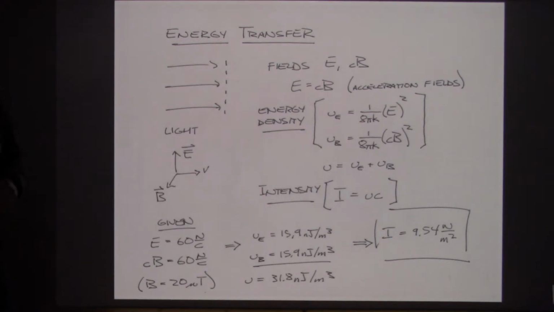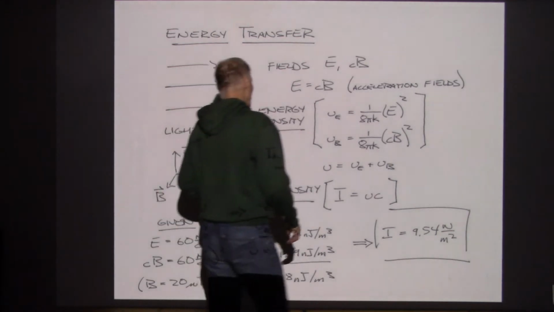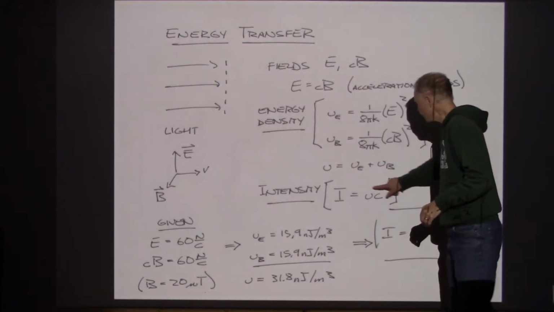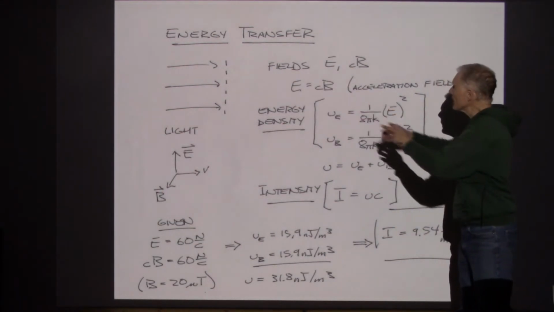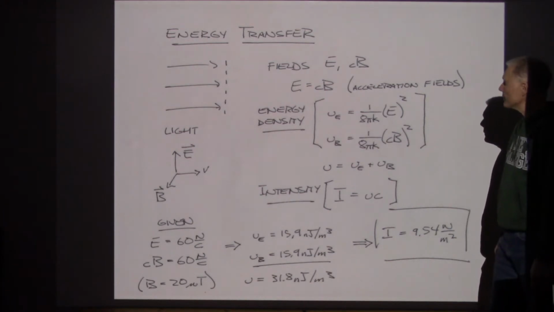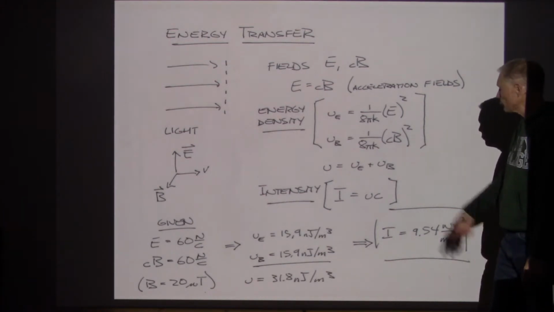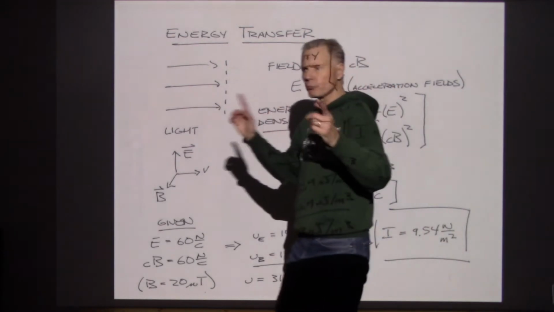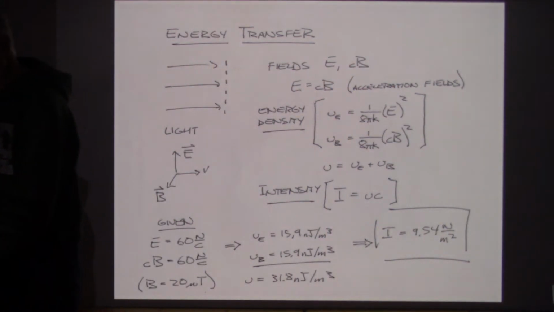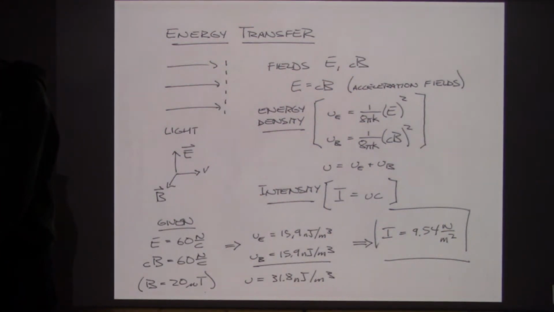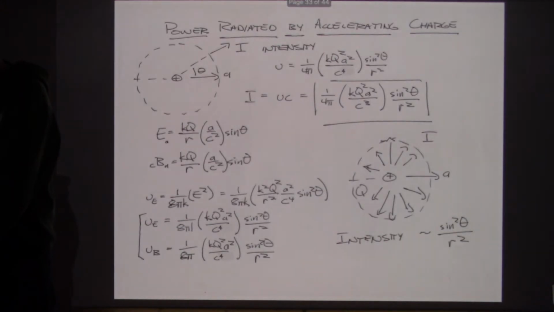Or, as you might expect, if you are given the intensity, work back through the energy densities and the fields. So you should be able to work forward and backwards through these energy equations. I feel like these are really good for building some intuition about the properties of light.